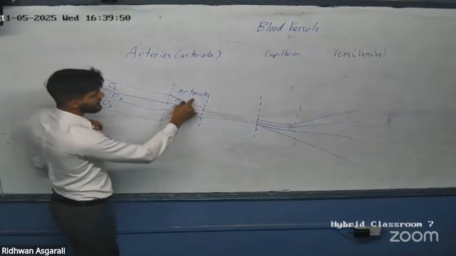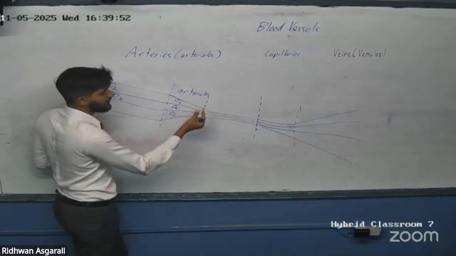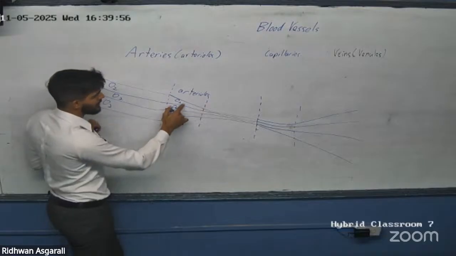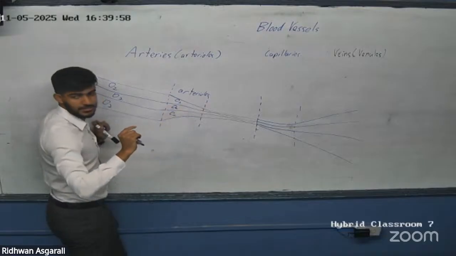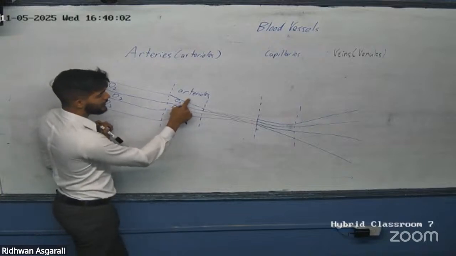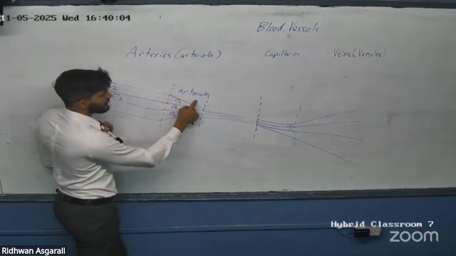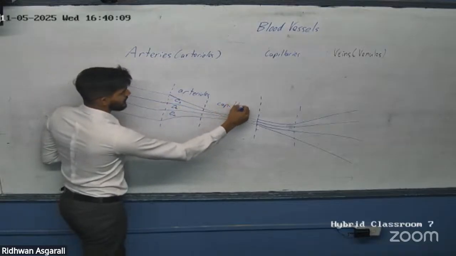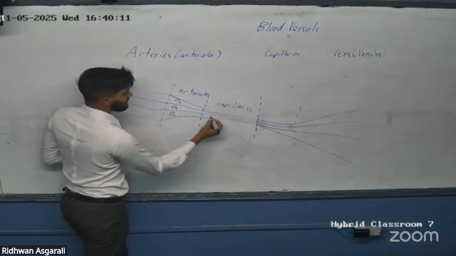Now, these arterioles are also too big in certain cases. So when you need to get to single cells, very small cells, the arterioles can't do that. So the arterioles branch off into smaller vessels called capillaries. At this point, the capillaries are also carrying oxygen.